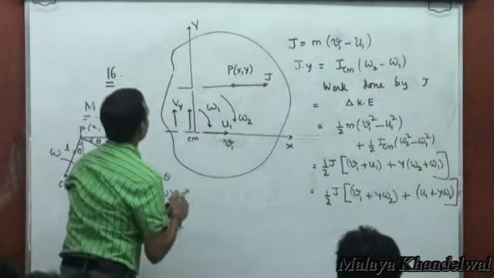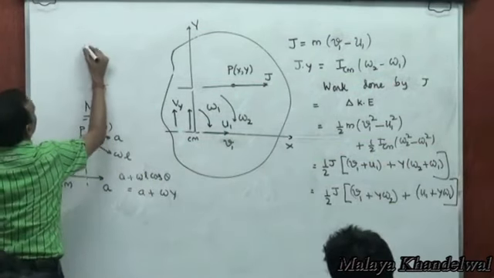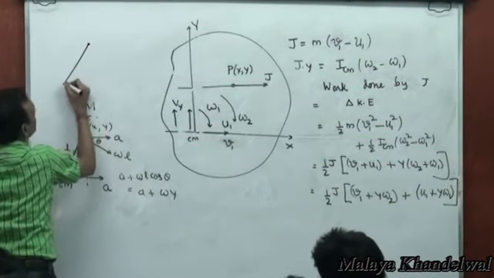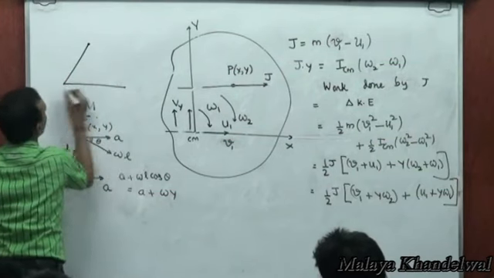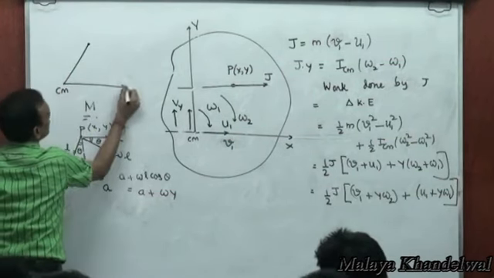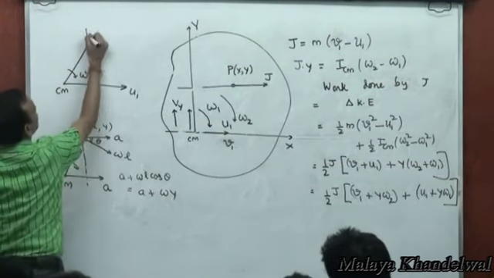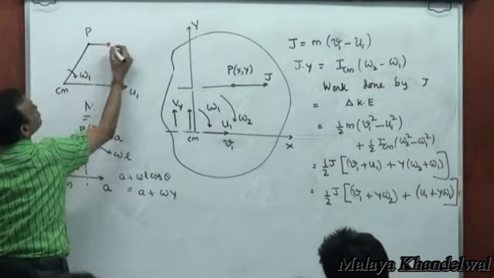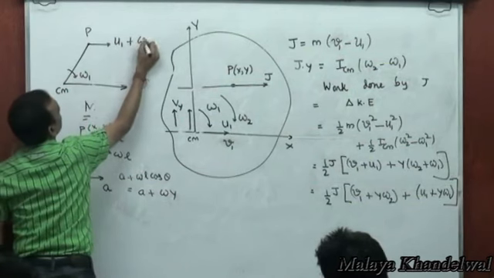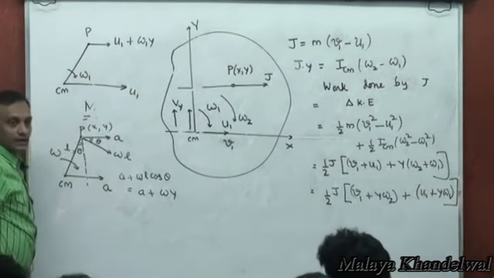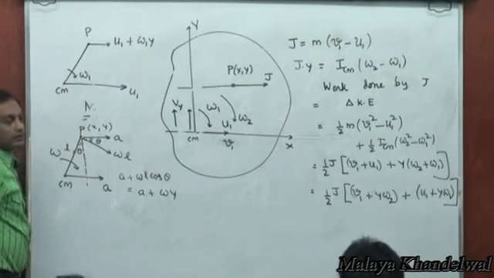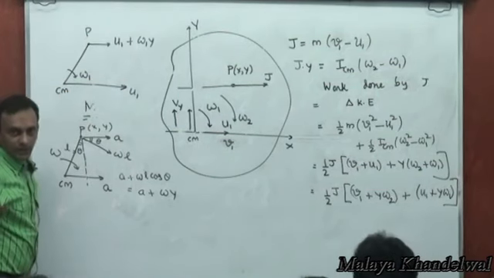So very clearly, in the initial state, when the center of mass had u1 and omega 1, the velocity of the point P is going to be u1 plus omega 1 times y, right? Which is given to be v.